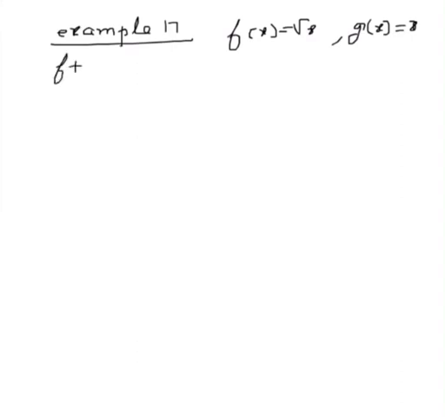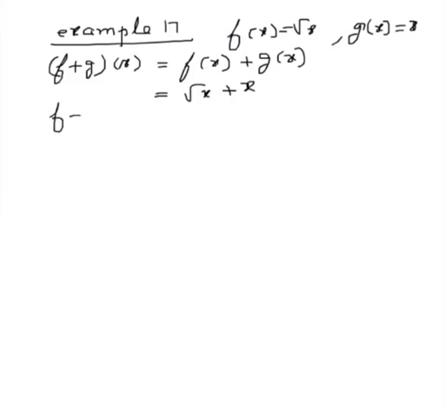Let us find f plus g of x, which is f of x plus g of x. Root x plus x. And f minus g of x will be f of x minus g of x, which is root x minus x.